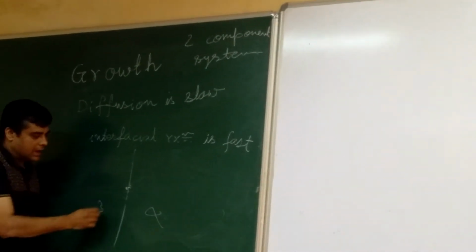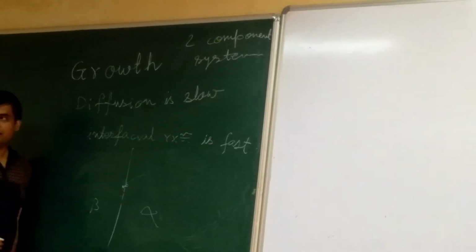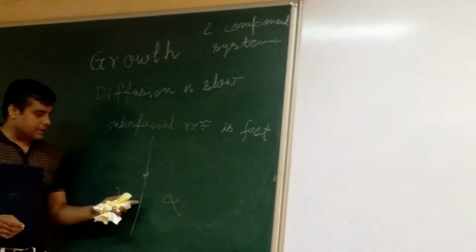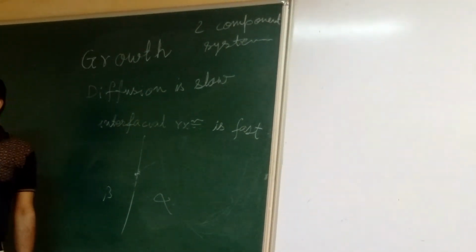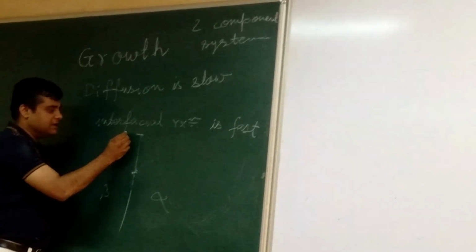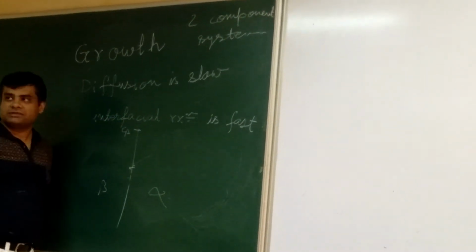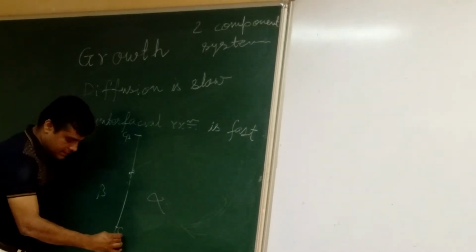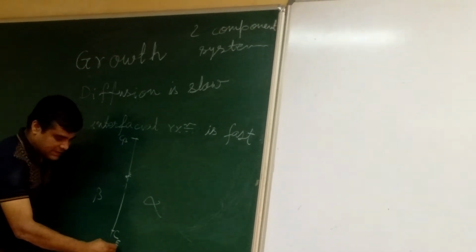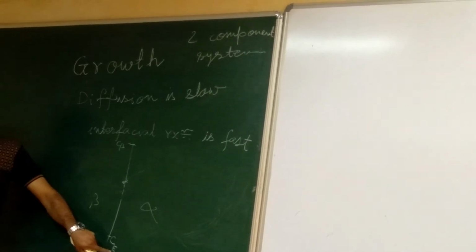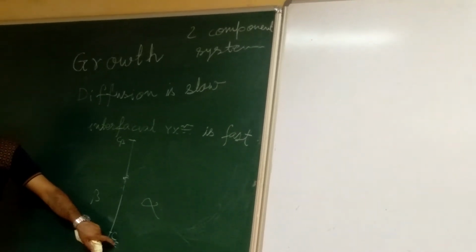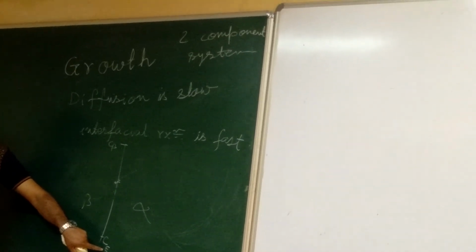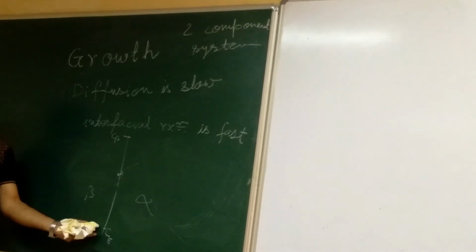So beta and alpha will then be at their equilibrium concentrations. C beta will be somewhere up here because C beta is larger, and CE will be somewhere here. But instantaneously, the interfacial composition on the matrix side will reach CE because this is very fast.